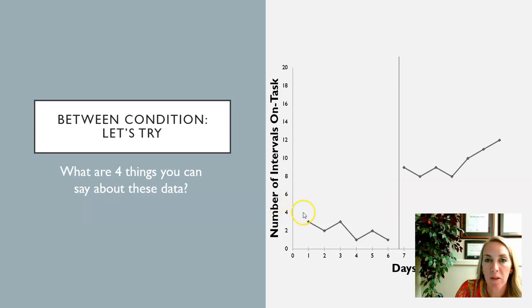We could talk about the trend, and we could say we went from a contratherapeutic direction to a therapeutic direction. We could talk about the variability of the trend. We could say it was a variable decelerating trend during baseline and a stable accelerating trend in intervention. And of course, we could talk about PND.